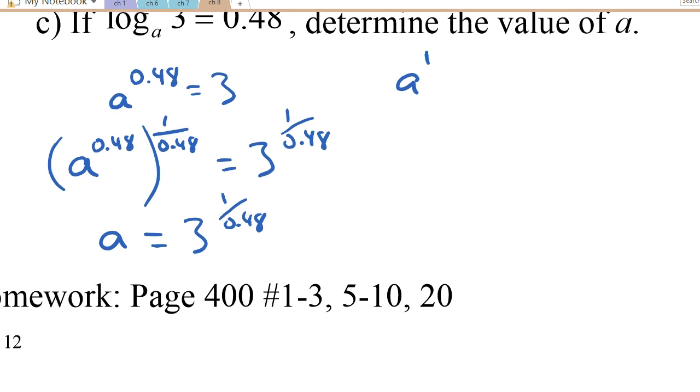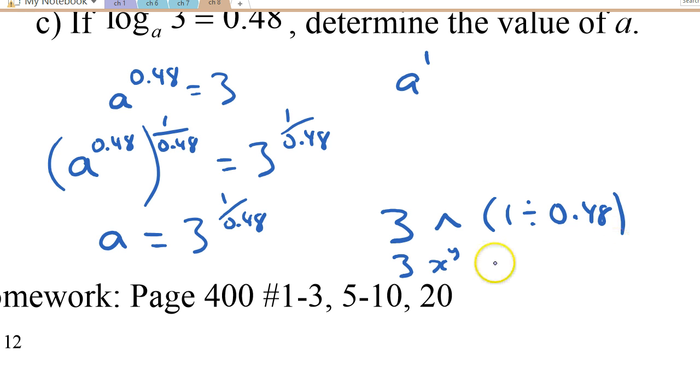So how would you do that on your calculator? You would do 3, and then depending on your calculator, on my calculator there's a button that looks like that. Your calculator might have an x to the y button, all those types of things. And then you could go left parenthesis, 1 divided by 0.48. Another way you could do it is 0.48, reciprocal button, and then the equals button.